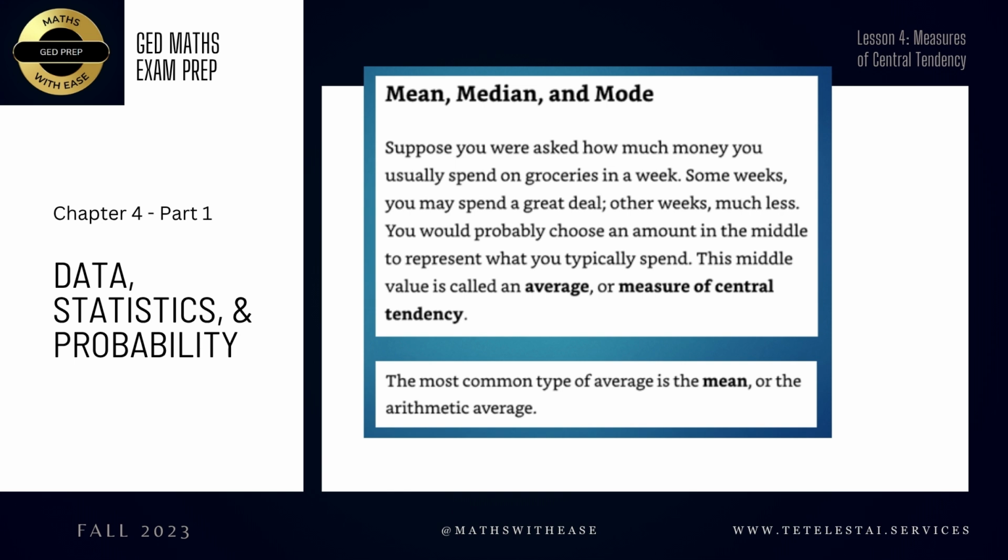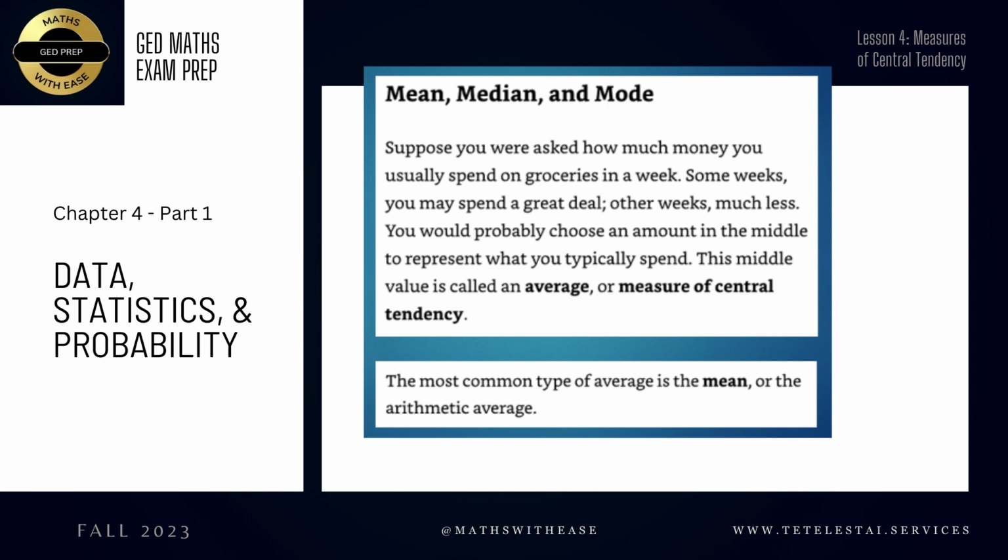So this session is on the mean, median, and the mode. And so suppose that you were asked how much money you usually spend on groceries in 1 week. Okay, in some weeks maybe you spend a lot, and other weeks you might spend much less, and that's normal, right? So you would probably choose an amount that's in the middle.